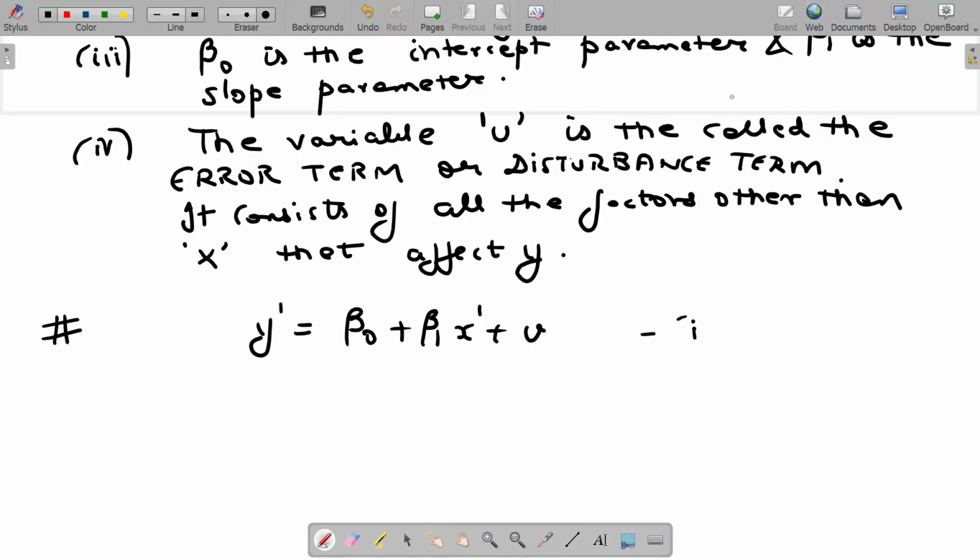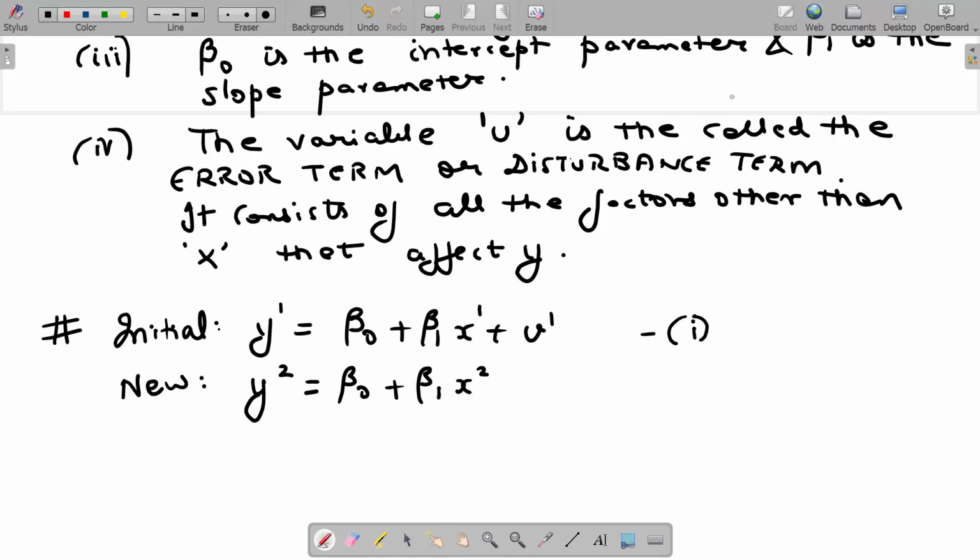Let's say this is equation number 1. Similarly, suppose my other equation is y2 equals beta naught plus beta 1 x2 plus u2. Let's say I have two regression equations for two different values, y1 x1 and y2 x2. Remember, beta naught and beta 1 are parameters, they are not changing.